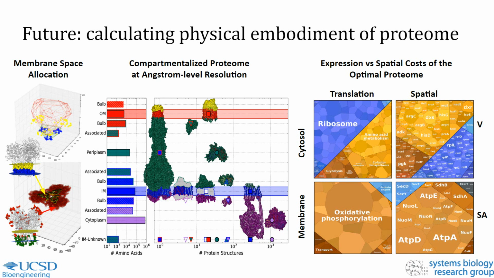As you may recall, ME models predict the proteome expression or allocation at the genome scale. Using spatial constraints, namely size and volume, the physical space taken up by each protein in the cell can be calculated. On the right, we show proteome maps comparing the protein expression levels with the physical space they take up in each compartment. This can have a wide variety of impacts on cellular phenotype that has yet to be explored.